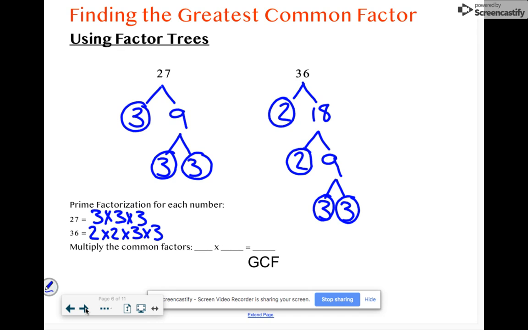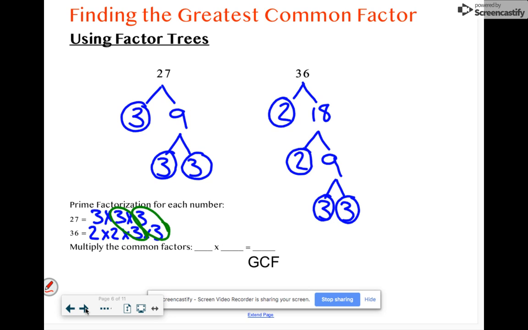Now that I have the prime factorization, I'm going to find the common factors. Since 27 was odd, I know that 2 is not a common factor. I know that they both have a 3 and they both have another 3. Once you find the common factors, you need to multiply them.